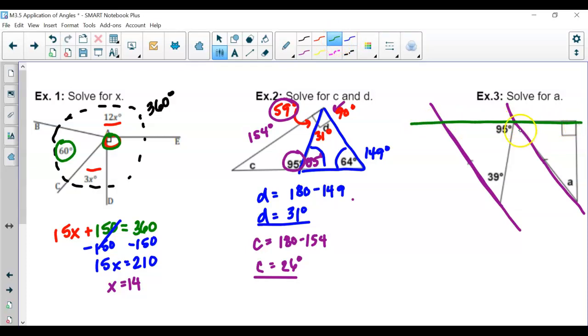So if I were to look at this here and looking at my angles, I notice here that they are in the same spot, same position. So that means here A is equal to 39 degrees.